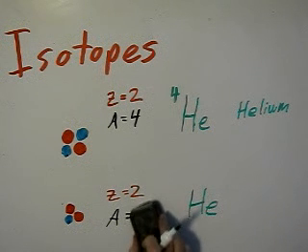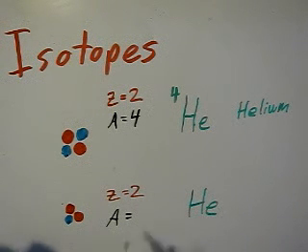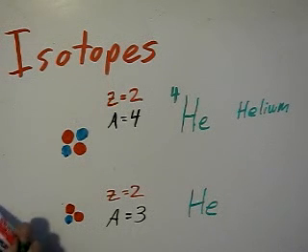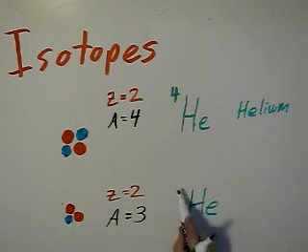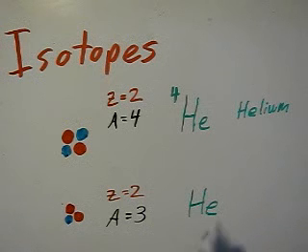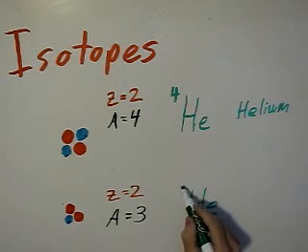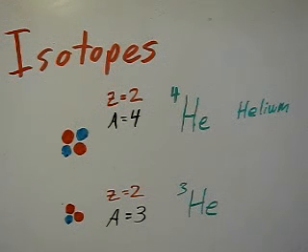A equals 3. So 1, 2, 3 particles there, and that means that when we write down the chemical name, we get helium-3.